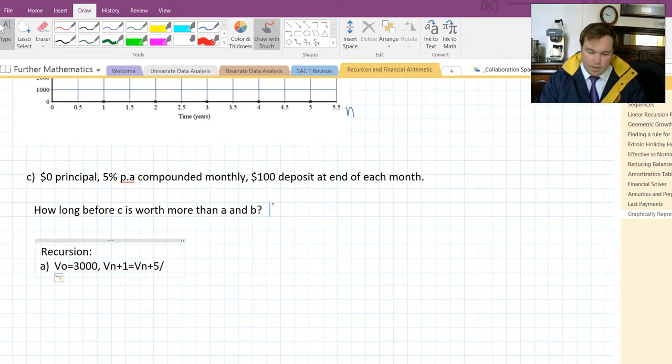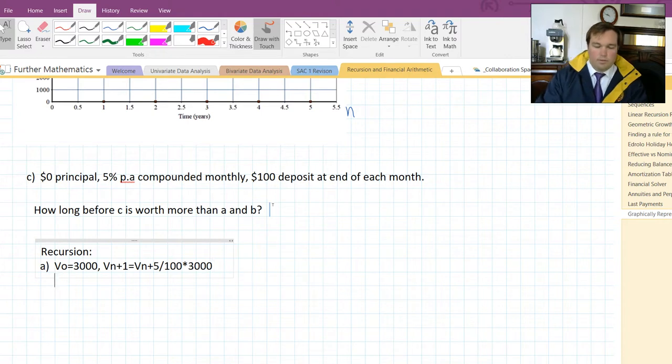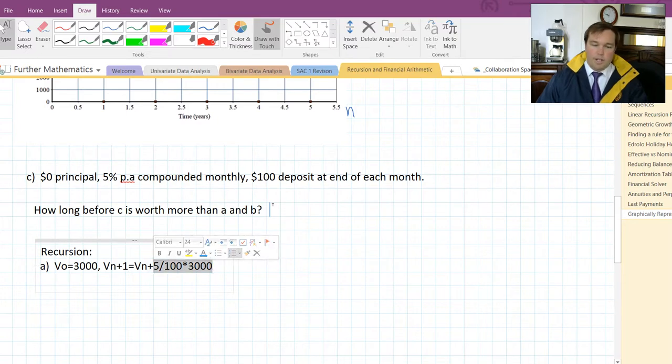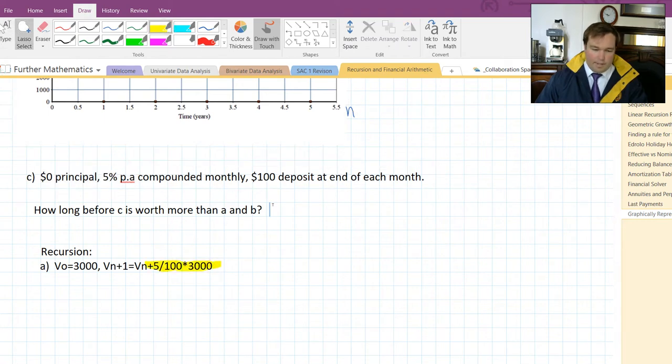So 5 on 100 times 3,000, which is probably $150. So you could, if you wanted to, replace all of that with $150, meaning it goes up by $150 each year. So that could easily be written as $150, but we'll leave it as that for now.